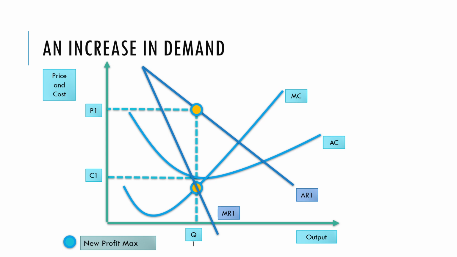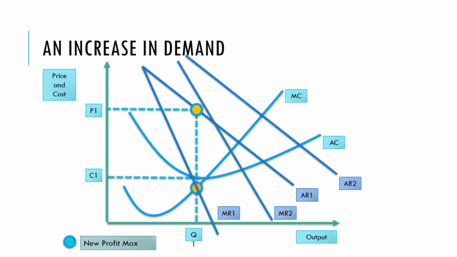One more scenario for us to consider here. We have a business here that's producing at level Q1, that is the profit maximizing level of output, and we can see that there's quite a big supernormal profit being made at this level. P1 is much greater than C1. If there was an increase in demand in this industry, well, we know that an increase in demand shifts the demand curve to the right.